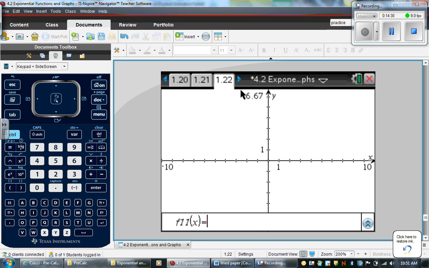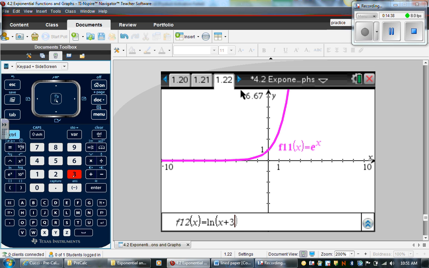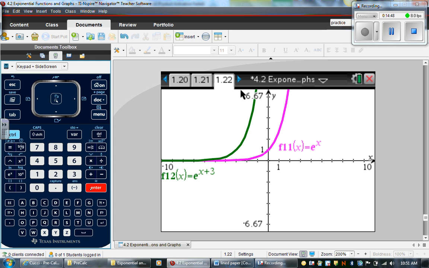Again, e to the x is our parent function. And then e to the x plus 3. We thought that it was going to move to the right 3 units, so we're going to see if we are indeed correct. Oh, and we move to the left.